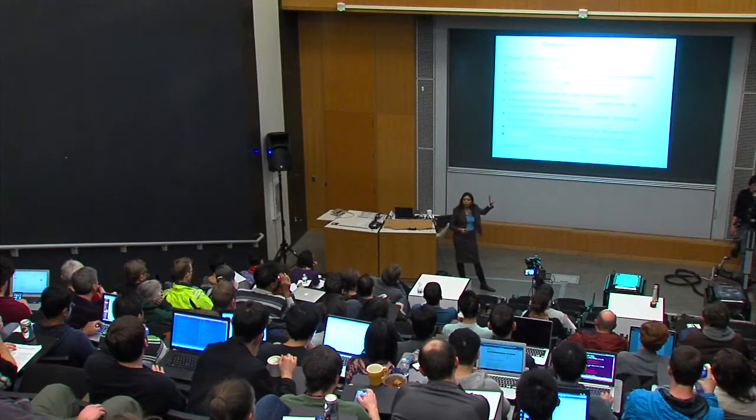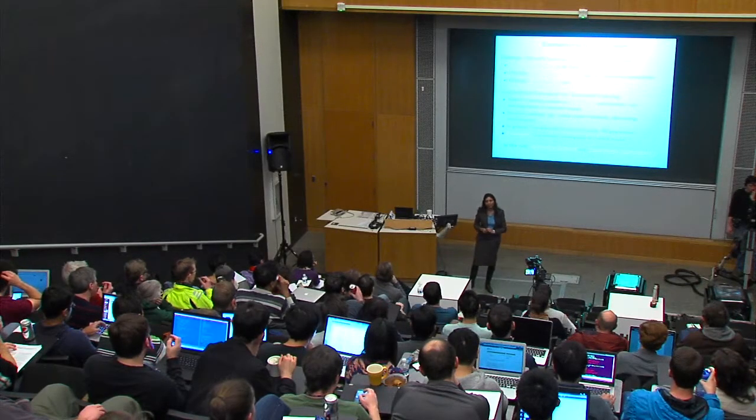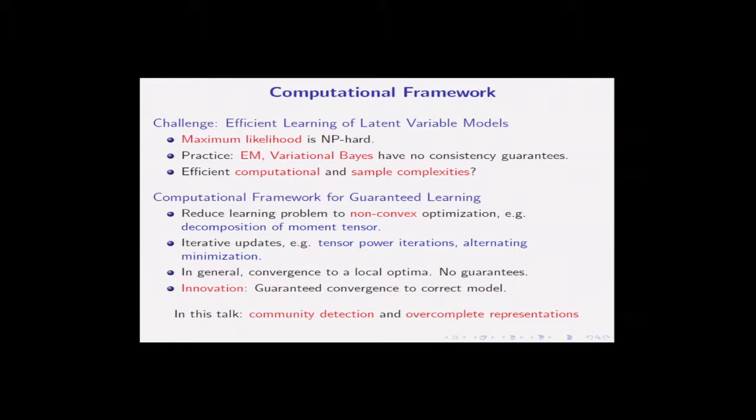So that's the whole outline of the talk. And I'll focus on two specific latent variable models for concreteness. One will be this community detection application. The other will be learning a set of overcomplete representations.